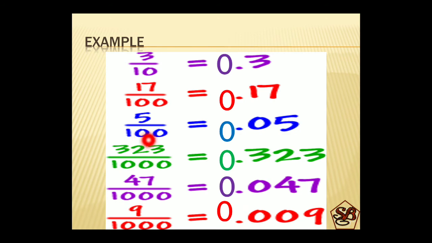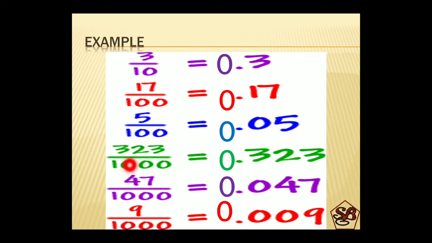Now here 100 has 2 zeros in it, but we have only one digit on the top, that is 5. So to make 2 digits, we add a 0 in front of it and then put a decimal point. So the number will become 0.05.